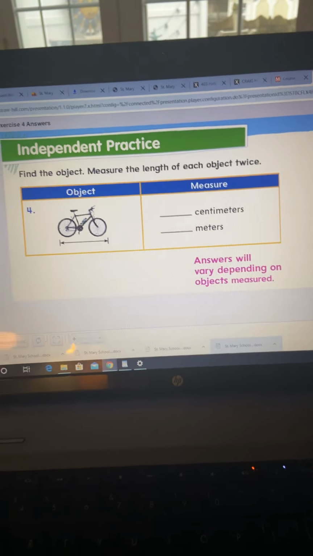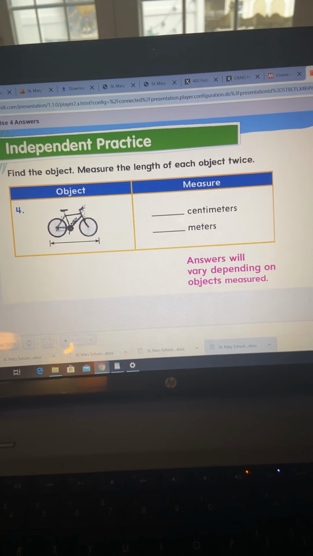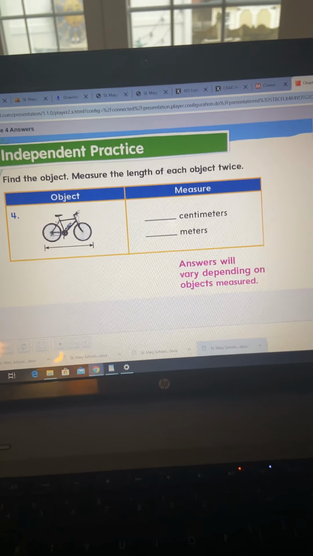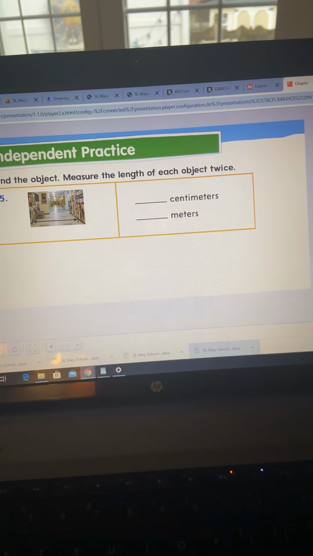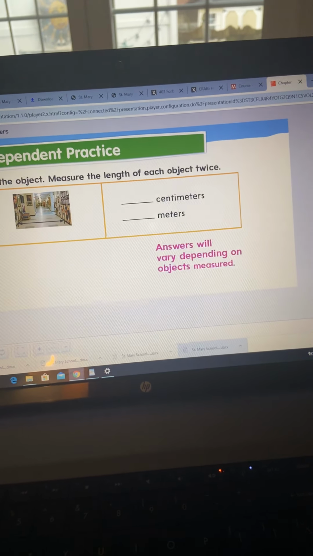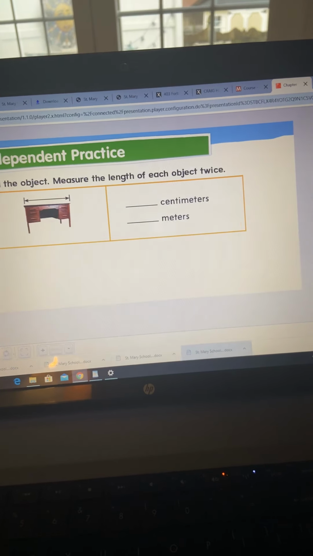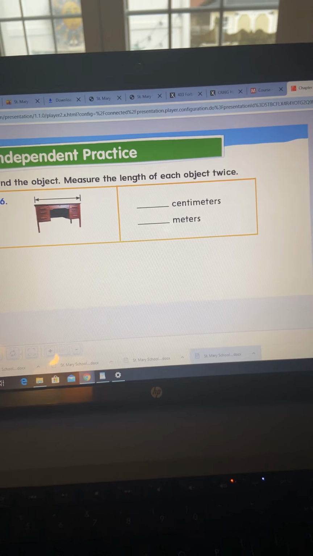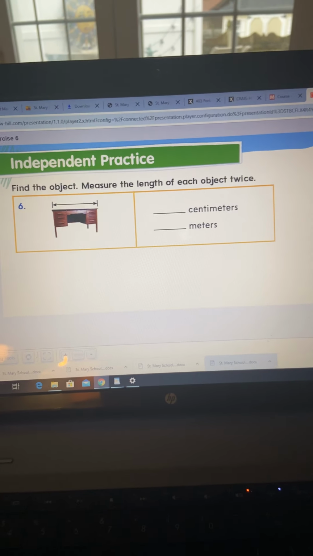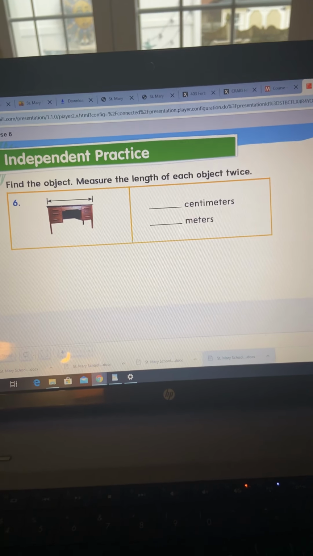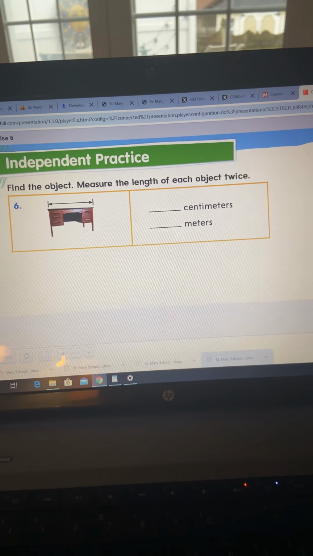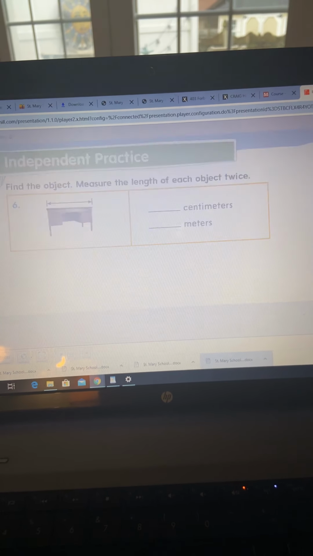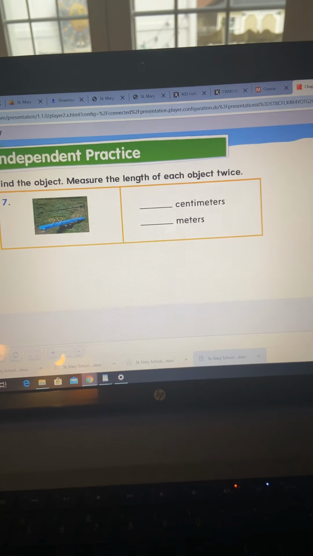If you're measuring because you're going to put a carpet in your room, you need an exact measurement because you don't want the carpet to be too big or too small. Okay? So, if you want, you can go around the room and find some things that are a meter or bigger and tell how many meters, and then tell how many centimeters. Okay?